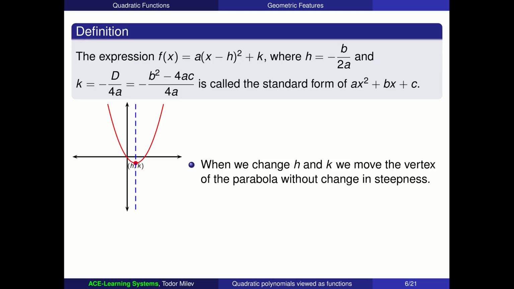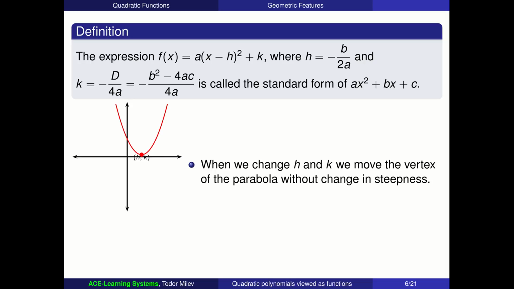So when we change the numbers h and k, we simply are changing the vertex of our parabola, right? So the vertex of our parabola is given by numbers h and k. And so when we change them, we're just moving the vertex of the parabola around, okay? But notice that the numbers h and k do not affect the steepness of our parabola.